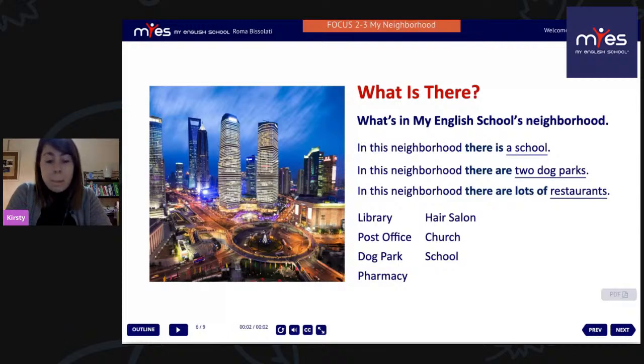What about a bank? Trying to think what else. A law firm, so like legal studios. In English, we say law firm, law firms. What else?